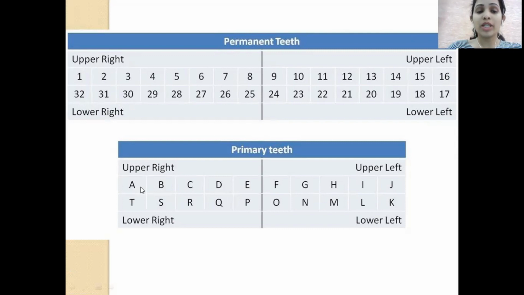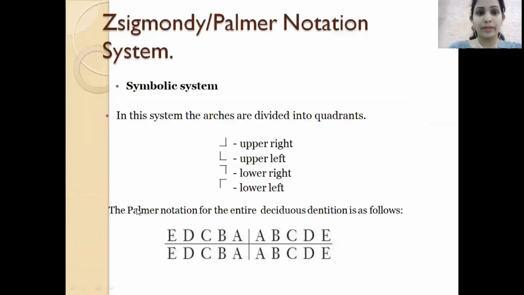Now for primary teeth, it starts with alphabet A. Second molar upper right is denoted by alphabet A, and then left upper second molar is denoted by letter J. Then left lower second molar is denoted by K, extending till right lower second molar denoted by T. So this was universal notation system.